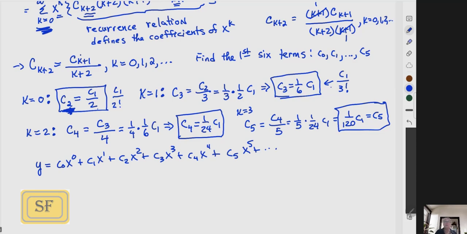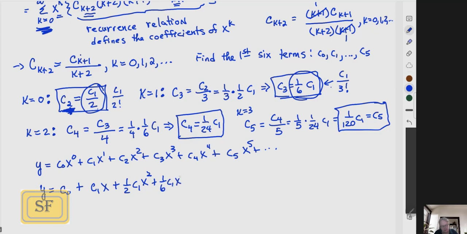When I substitute in values for C0, C1, C2, C3, and so forth, I get, notice we don't have C0 anywhere. So I'm going to keep C0, and that's just times x to the 0, which is times 1. And then C1 is just C1, so I get plus C1 x. And then C2 is C1 over 2. I'll write that as 1/2 C1, and that's x squared, plus C3 is 1/6 C1.